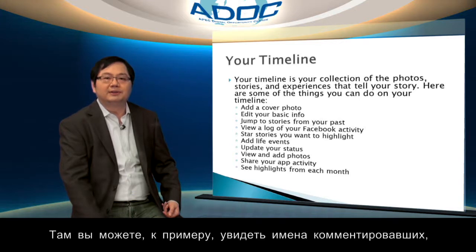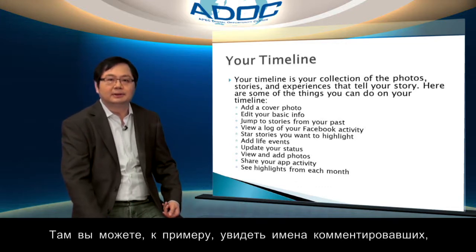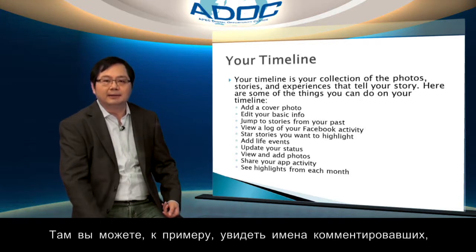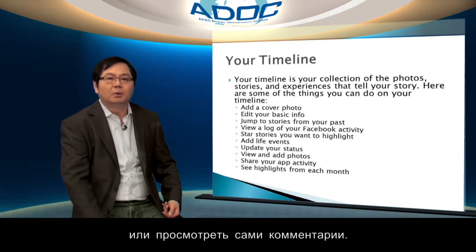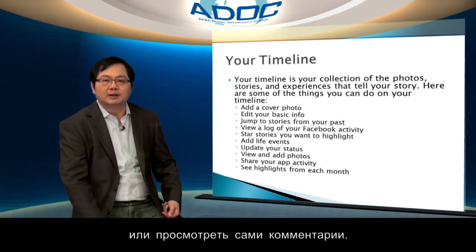Hover over these icons to see a summary of the information, for example, the names of who commented, or click on the icon to see the details, for example, what the comments were.